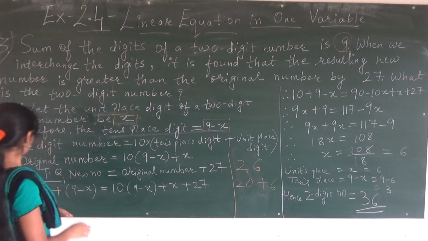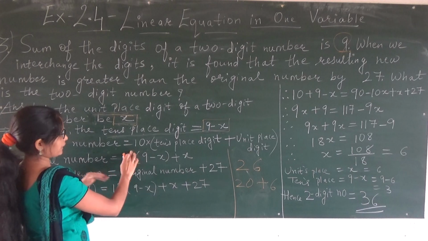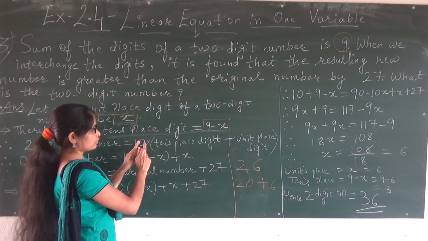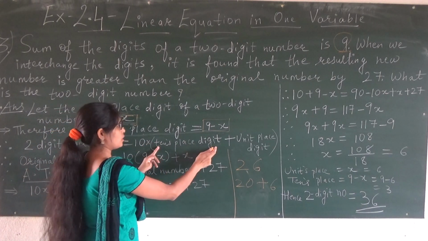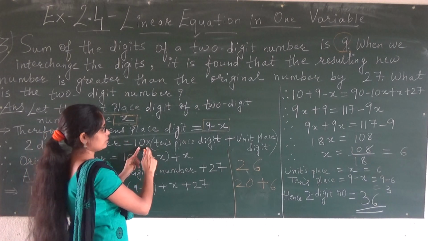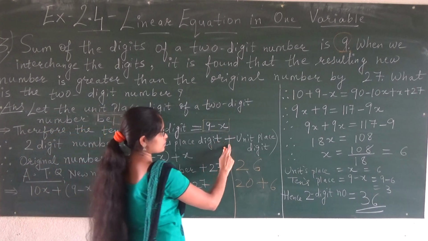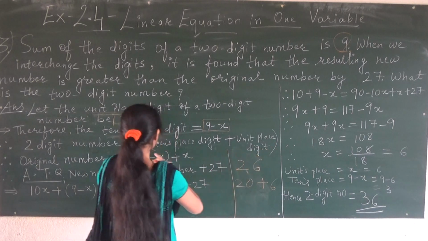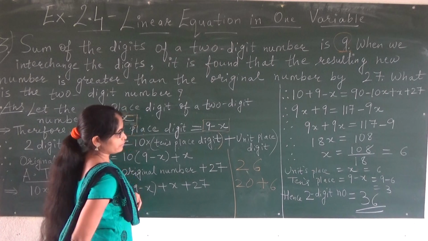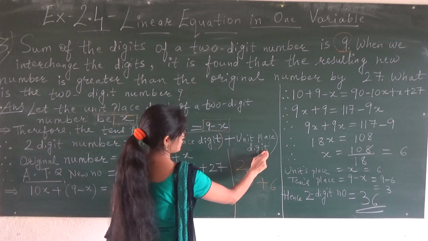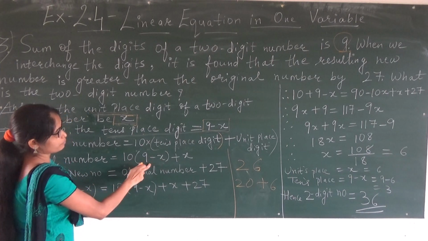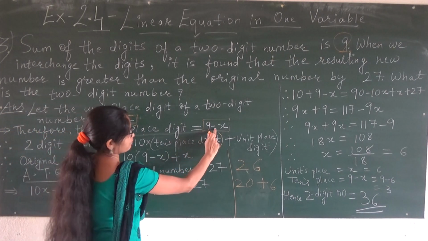In the same way, our 2-digit number will be 10 multiplied by the tens place digit, because it is at tens place, plus the units place digit. The tens place digit is what we have already taken, 9 minus x.